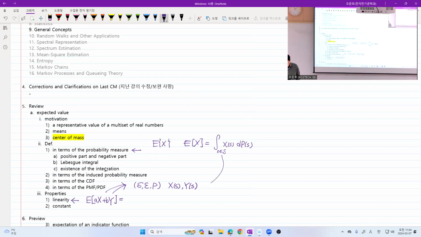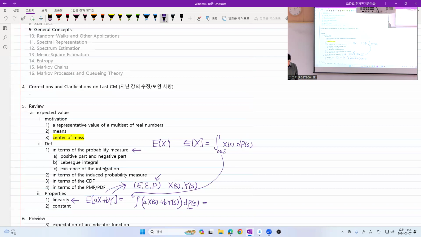Then, applying this definition, this expectation is nothing but a times x of s plus b times y of s. And this becomes the integrand of the expectation. And you integrate this integrand with respect to dP of s, where P is the common probability measure, because you have only one probability measure.